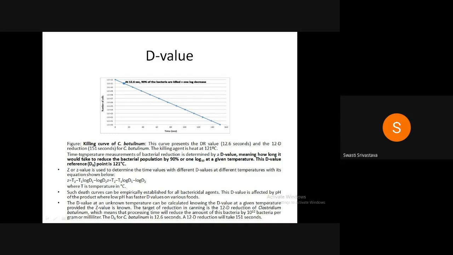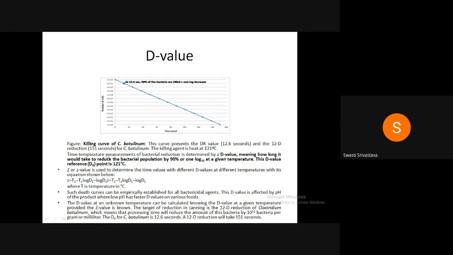So the time-temperature measurement gives you the D value, that is the death rate value. It gives you how long it would take to reduce the bacterial population by 90%, or 1 log 10, at a given temperature. This D value reference point is 121 degrees centigrade.